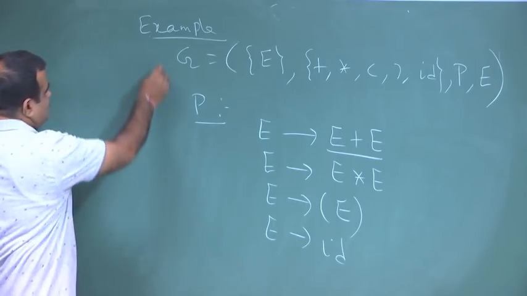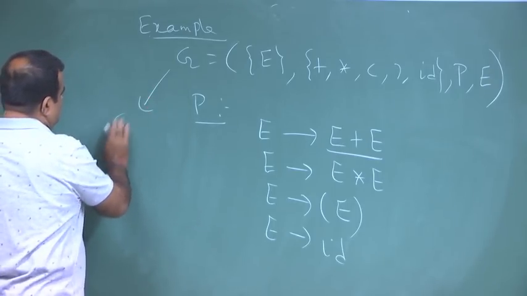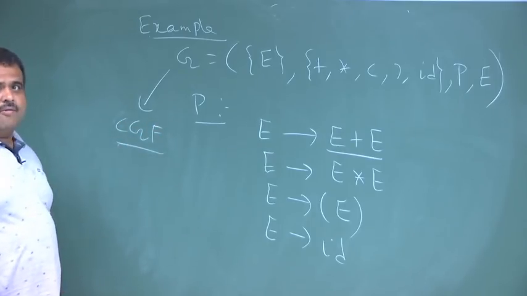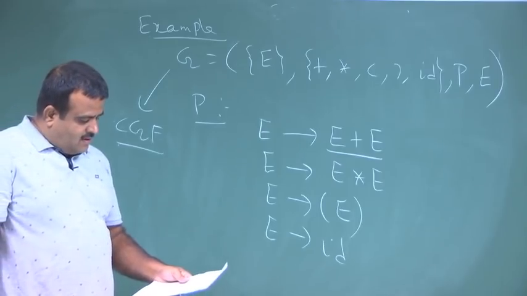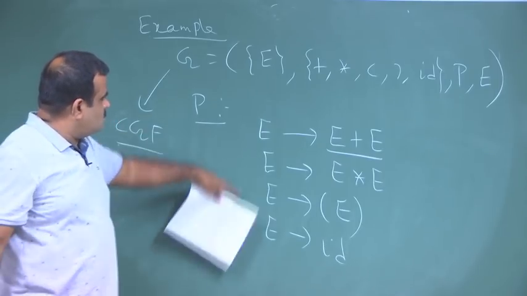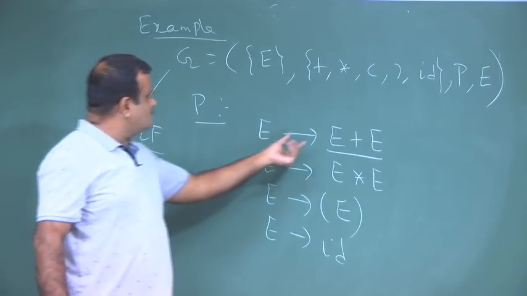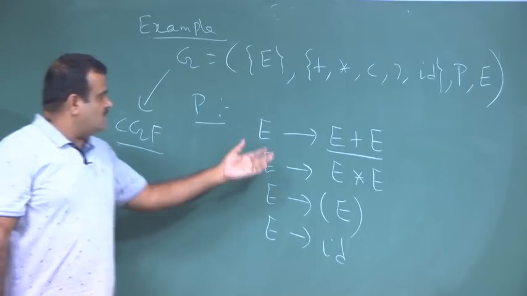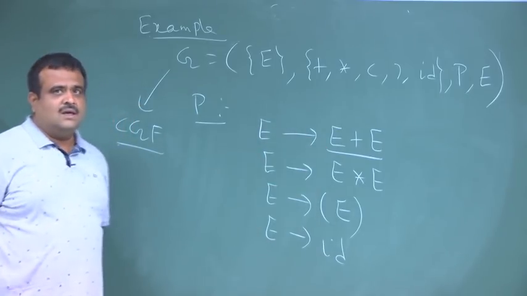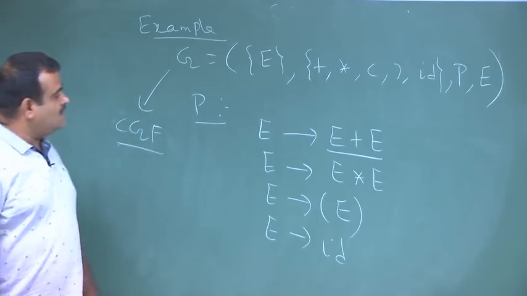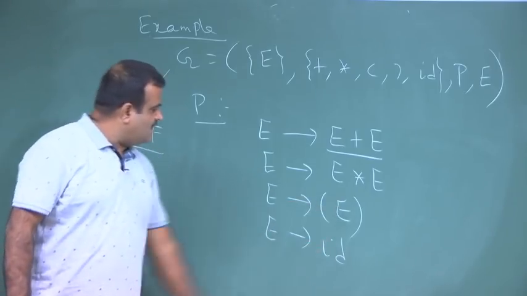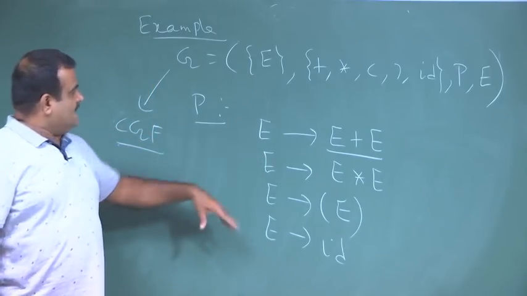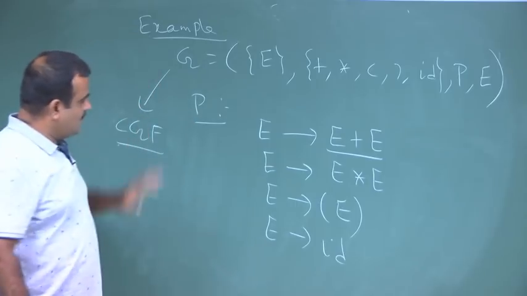So, this is a context free grammar, CFG. And these are the production rules. The arrow means goes to, that is, production. E produces E plus E, E produces E star E, E produces (E), E produces ID. So, this is the production set, and that is P.